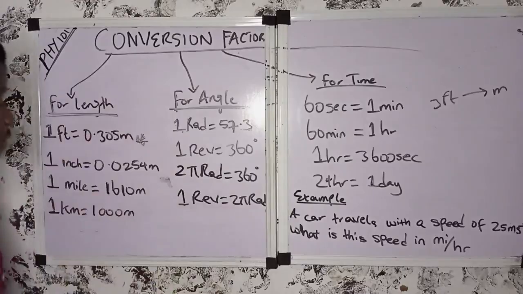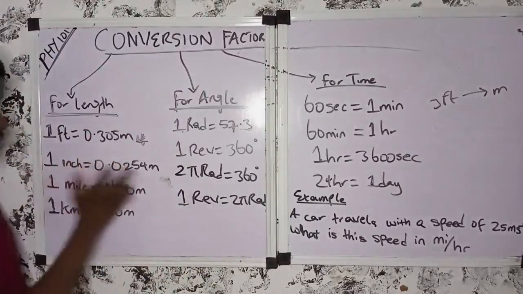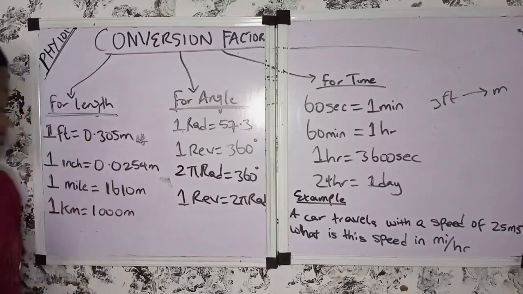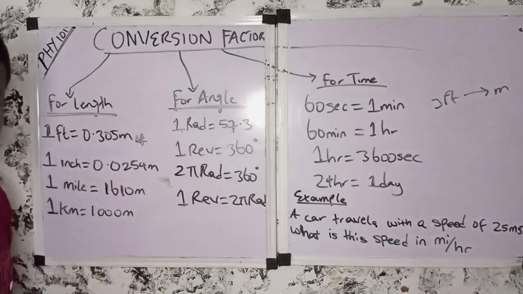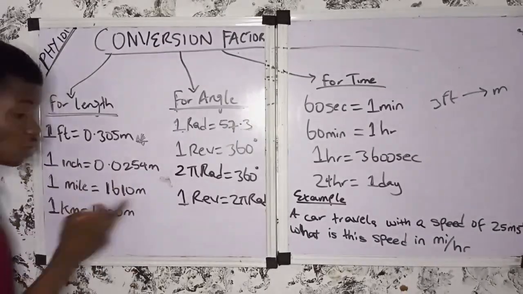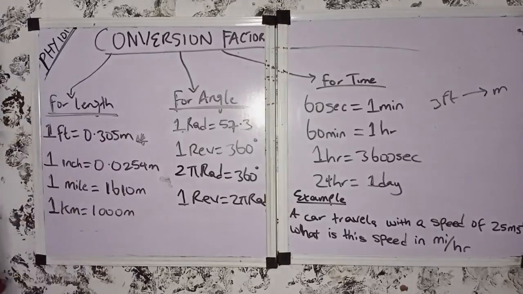When they ask you to convert from inch to meter, use this relation. Whether it's to convert from foot to meter or from meter to foot, use this relation. When they ask you to convert from mile to meter or from meter to mile, use this relation. While when they ask you to convert from kilometer to meter or meter to kilometer, use this last relation.